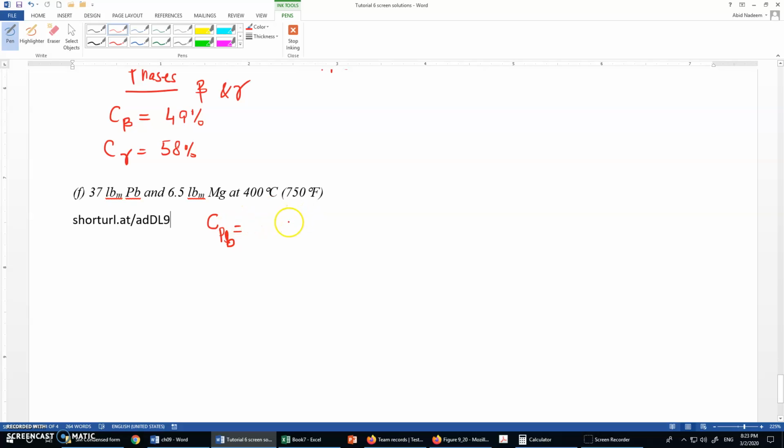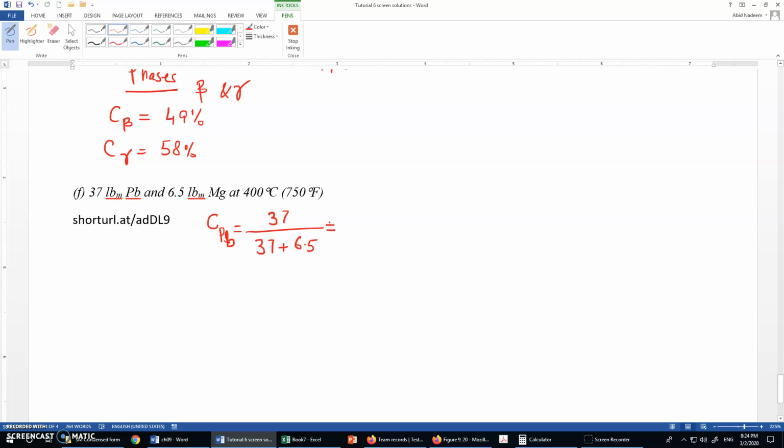We don't need to convert pounds into kilograms because composition is simply the ratio. If you take the ratio of kilogram to kilogram or pound to pound, the ratio will be the same. So lead is 37 pounds, 37 pounds divided by 37 plus 6.5.